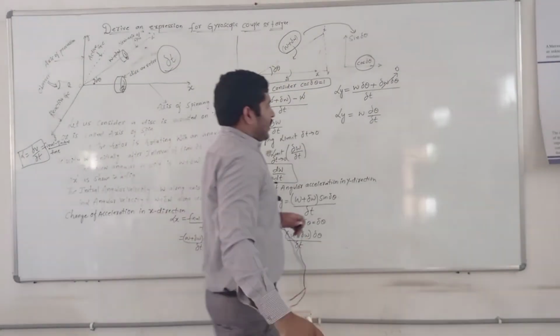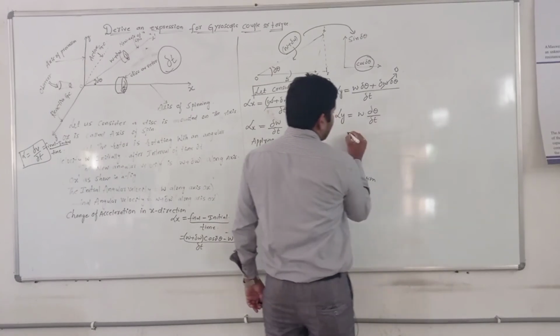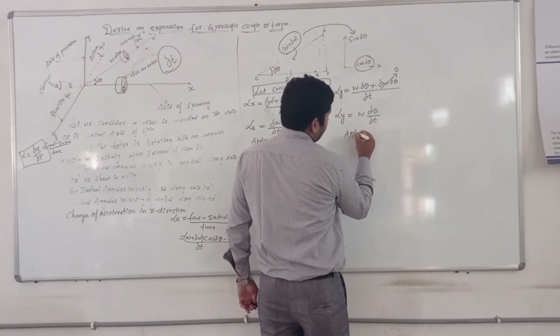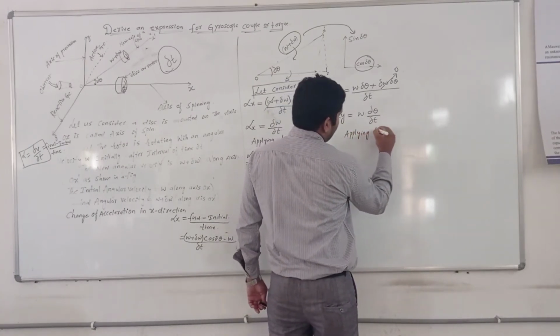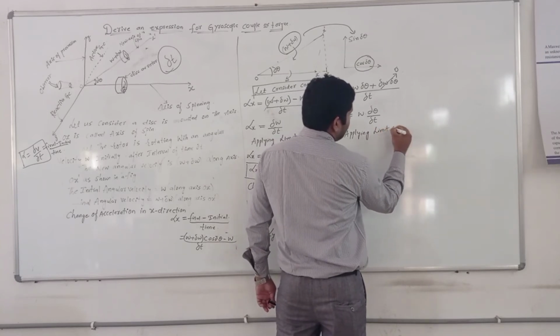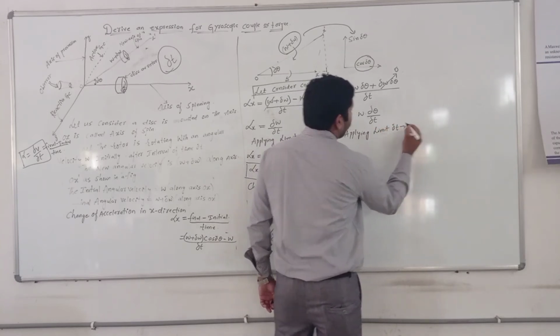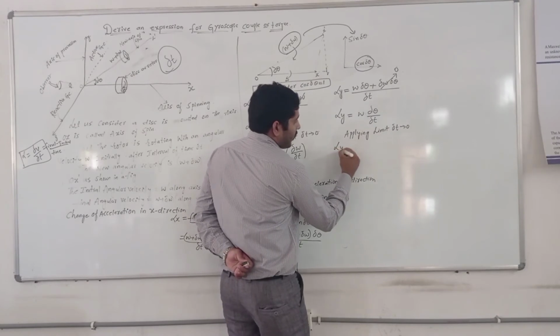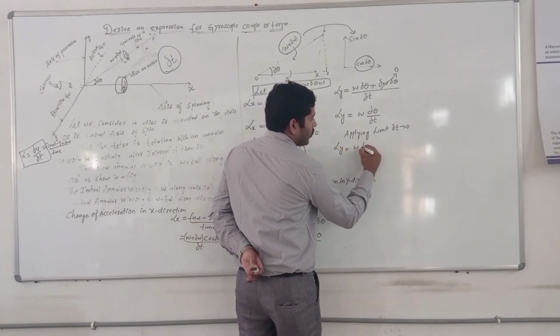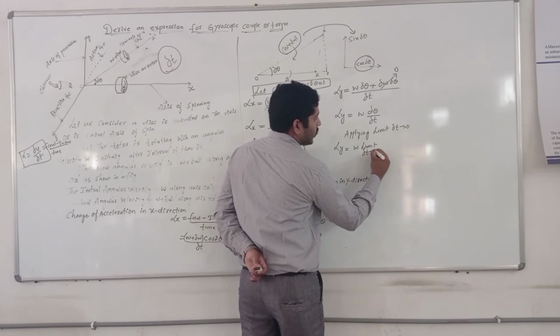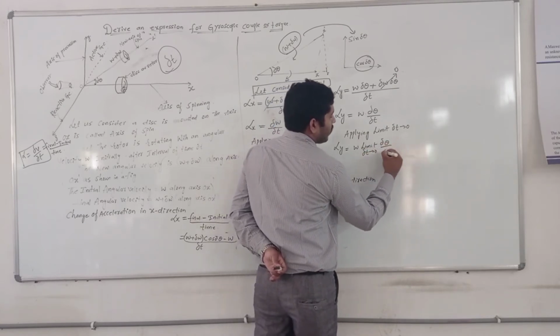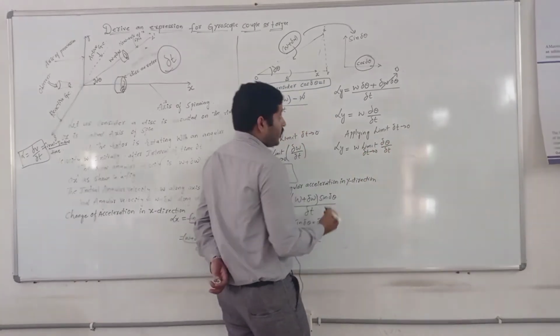After that, if we apply the limit delta t tends to 0, alpha y is equal to omega, limit delta t tends to 0, delta theta by delta t.